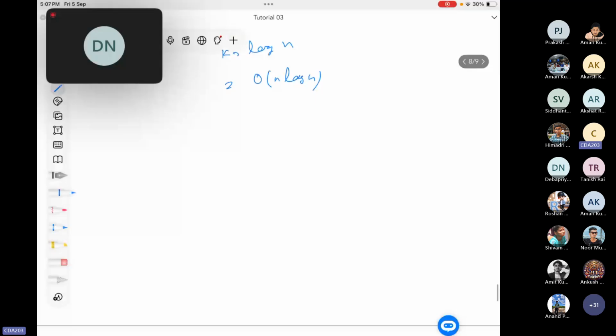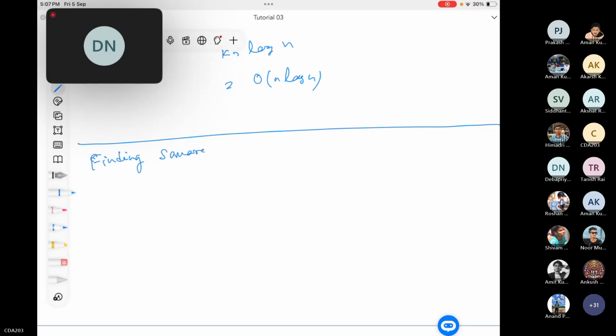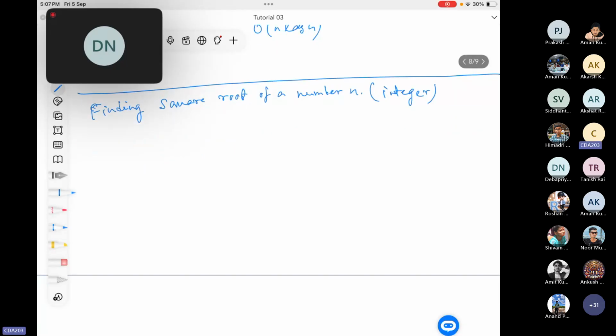So now the problem that I'm talking about is finding the square root of a number, basically focusing on integers. So how to do that?